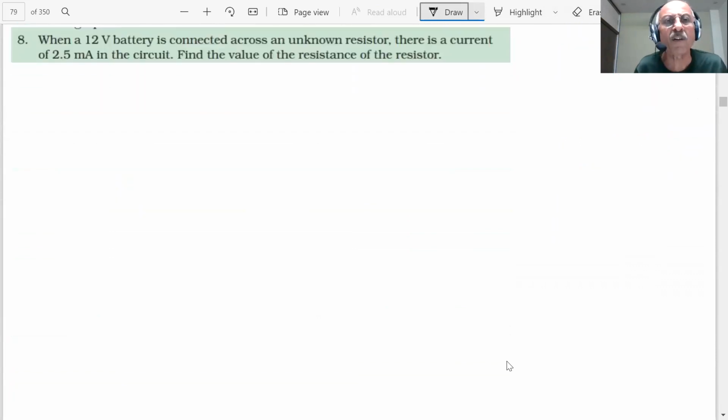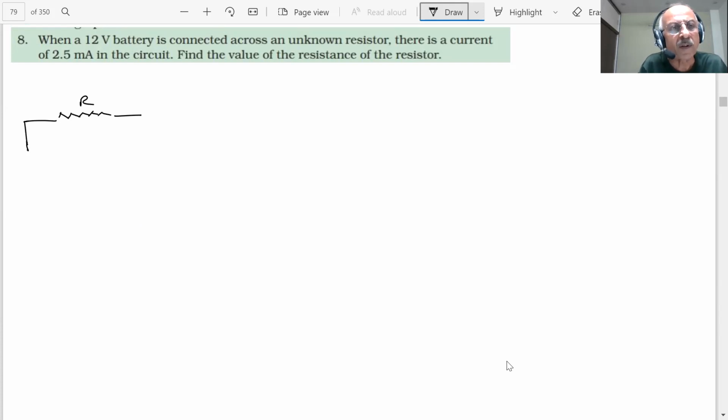Question number 8 of the NCERT book is on the screen, students. When a 12-volt battery is connected across an unknown resistance, you have a resistance R. What are you connecting to these, students?